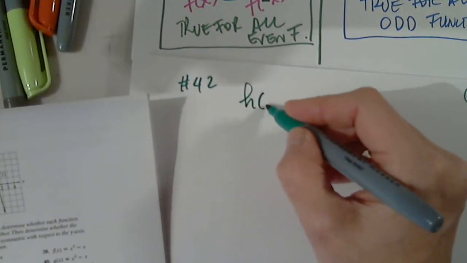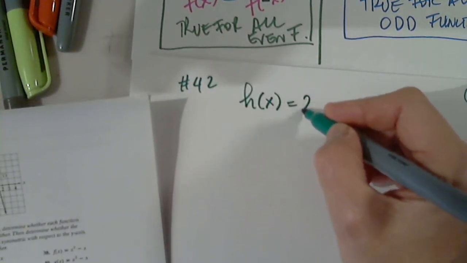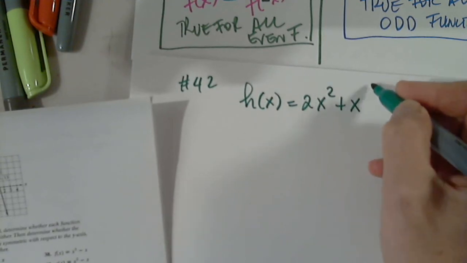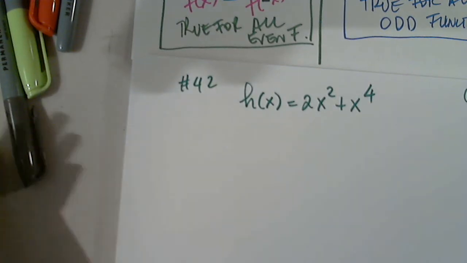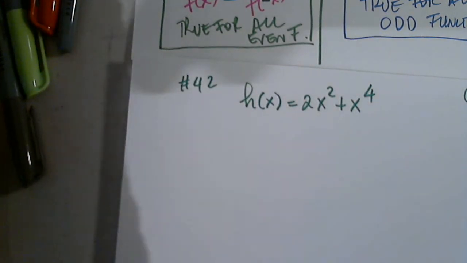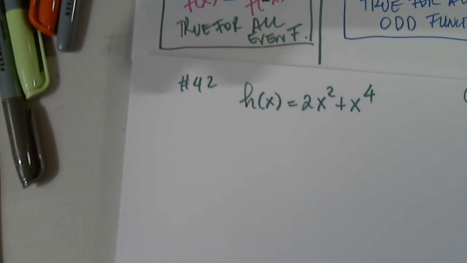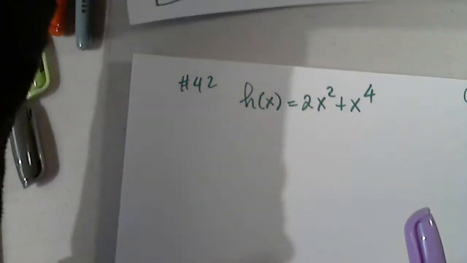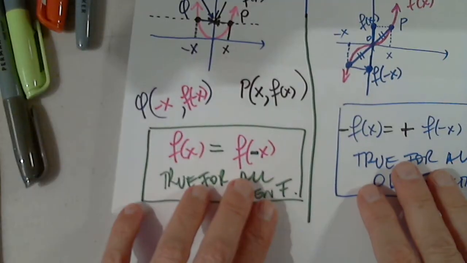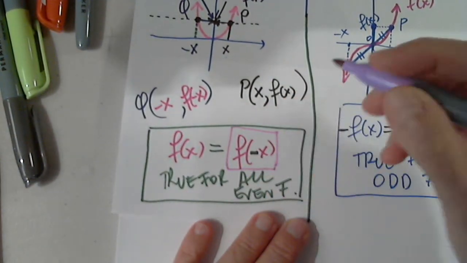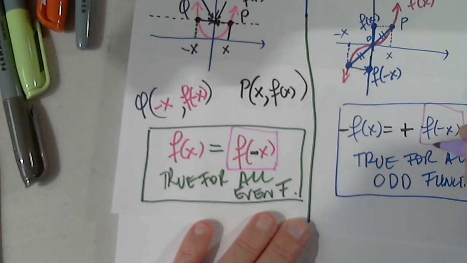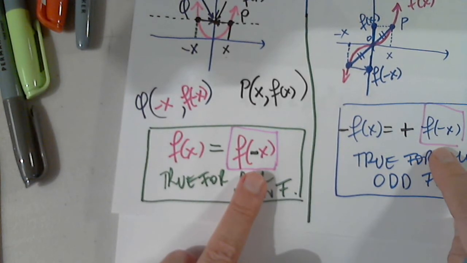In 42, we have a function given as h of x equals 2x squared plus x to the fourth. So we want to analyze the function and determine whether it's odd, even, or not symmetric. What I would like you to notice from our discovery here is no matter what we are trying to do, we have to determine f of negative x in both situations.